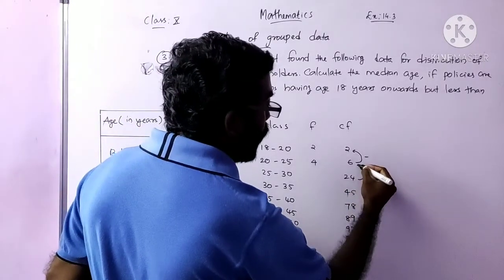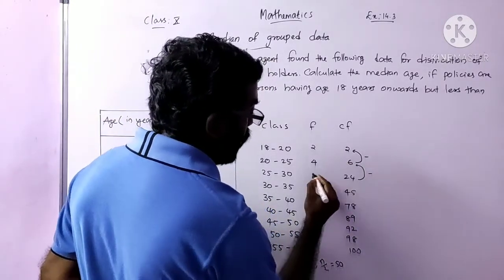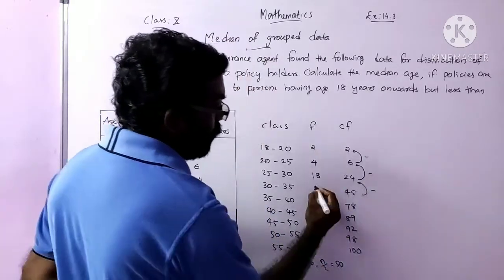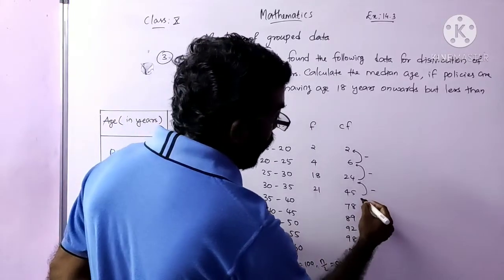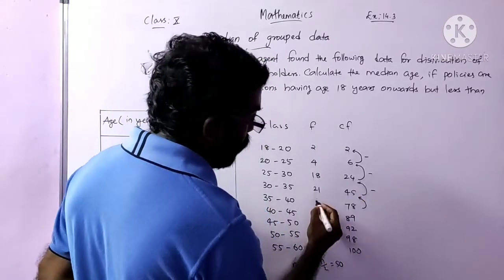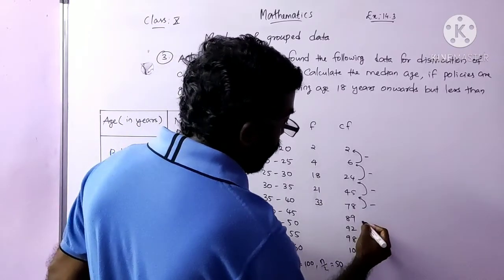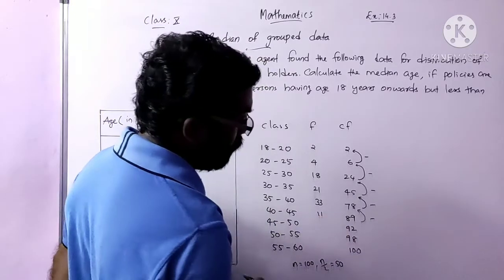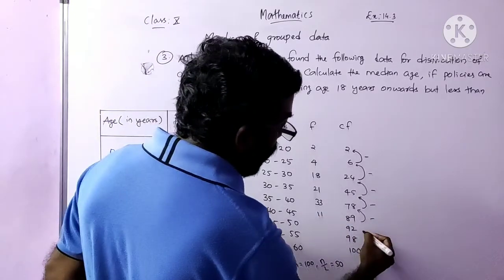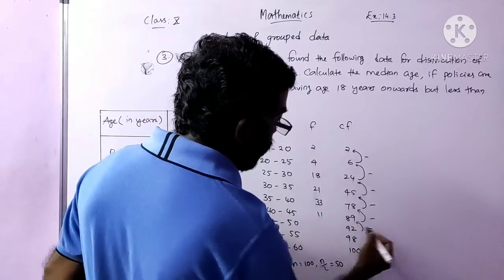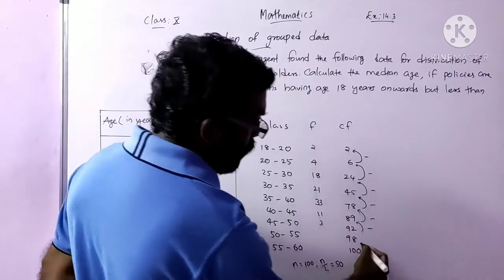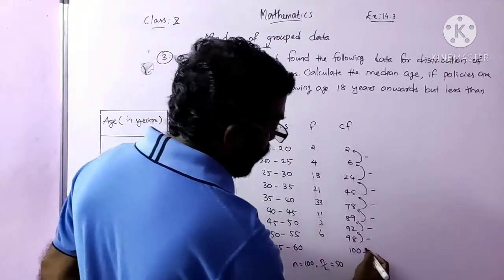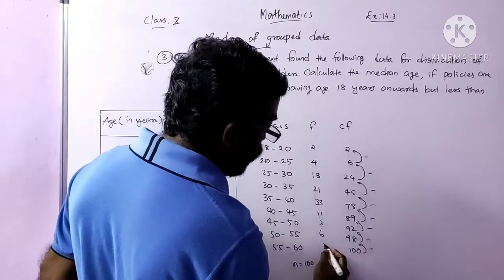Then 24 minus 6, that is 18. 45 minus 24, 21. 78 minus 45, 33. Then 89 minus 78, 11. 92 minus 89, 3. 98 minus 92, 6. 100 minus 98, 2.